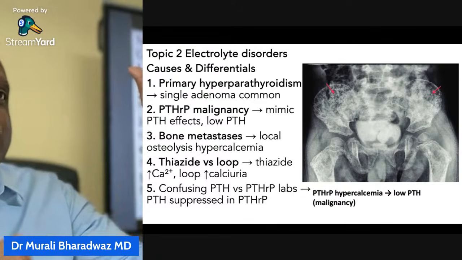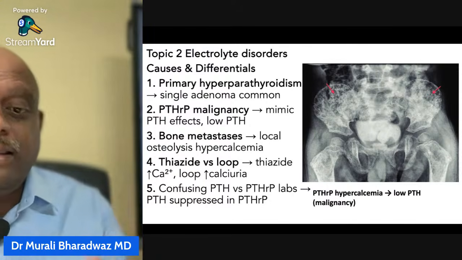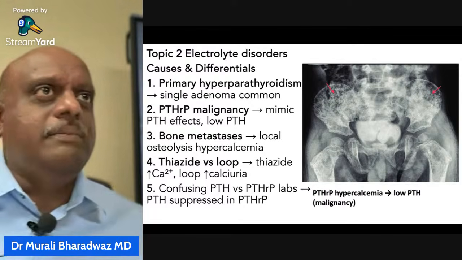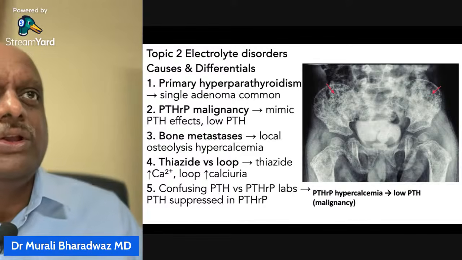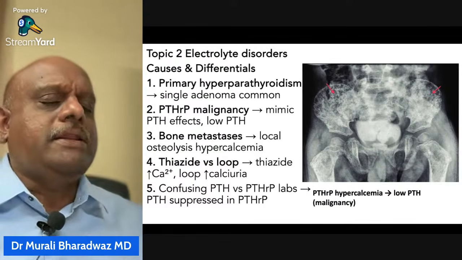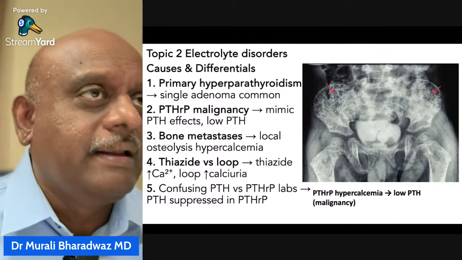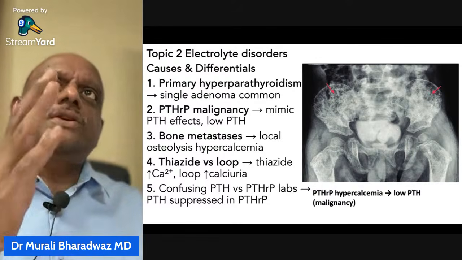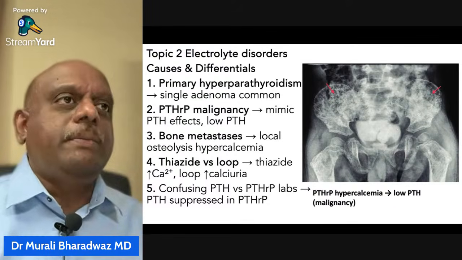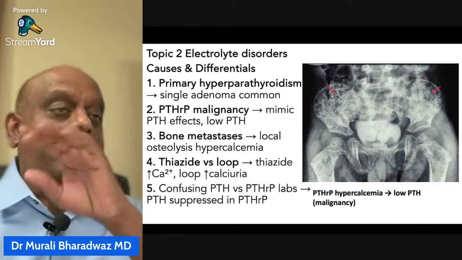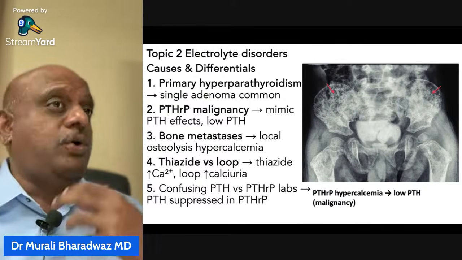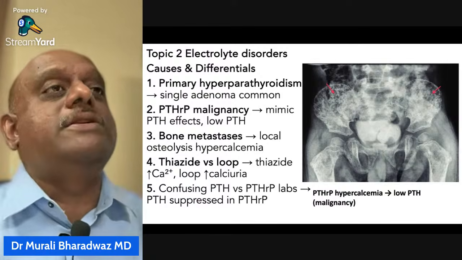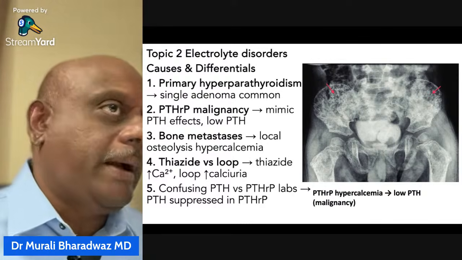It will reabsorb the calcium from the bone. That's how the calcium level, which is initially low, will become normal. So, secondary hyperparathyroidism is a feature of renal failure. It starts with low calcium and becomes normal calcium, whereas primary hyperparathyroidism is a parathyroid adenoma, and typically it leads to hypercalcemia, is what we need to remember.